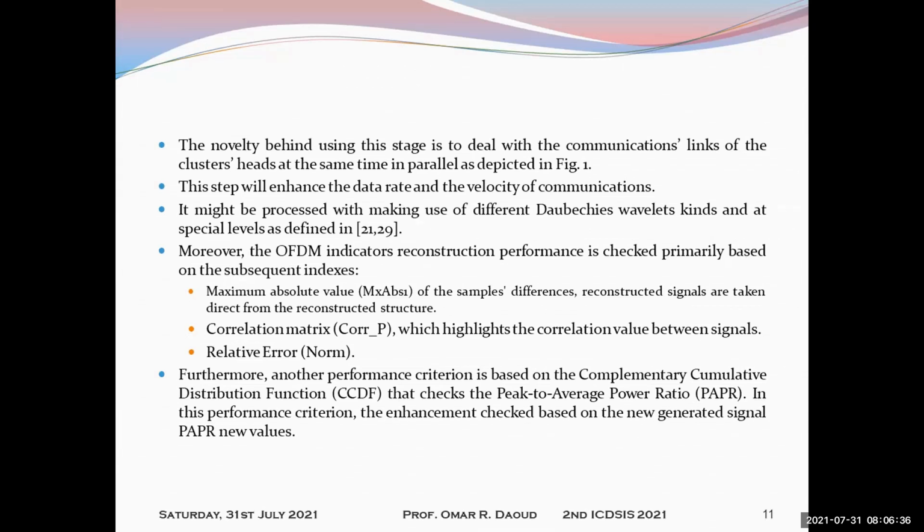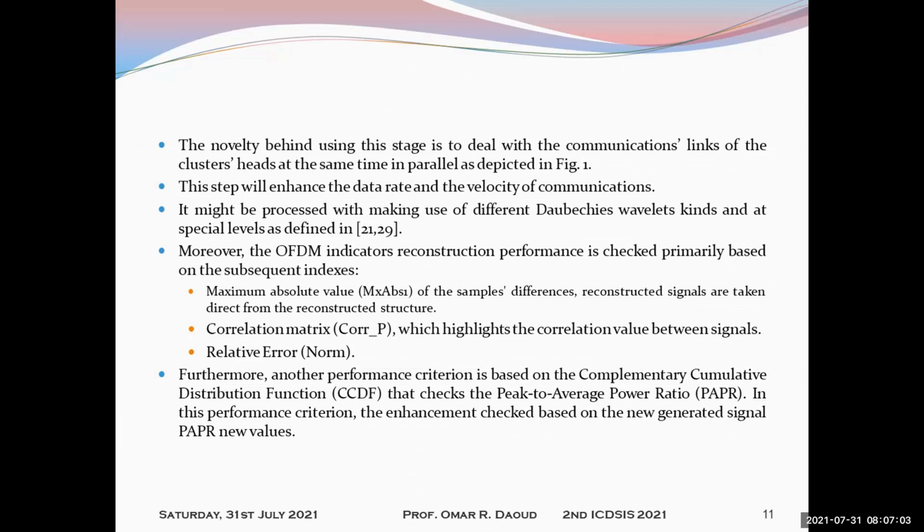Moreover, the OFDM indicators will be used to reconstruct the OFDM signals in parallel. We are trying to focus our work on three indices. The first one is the maximum absolute value, then the correlation matrices between those signals, and the relative error norm.